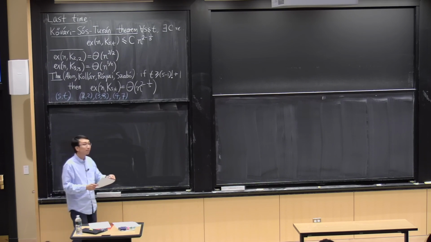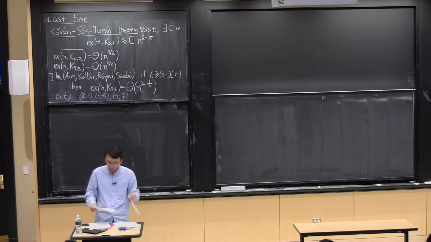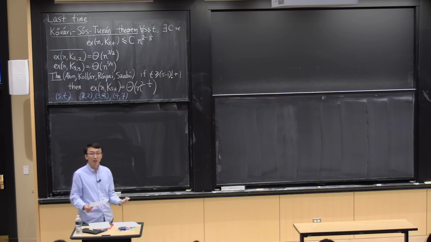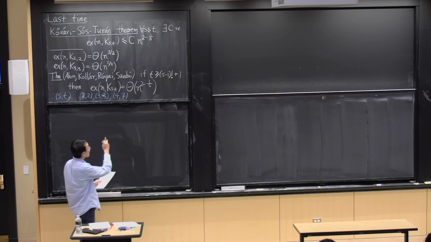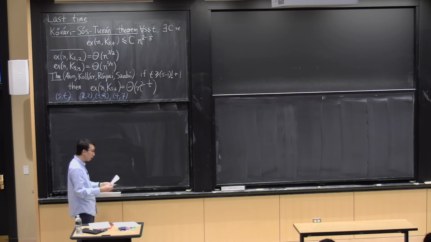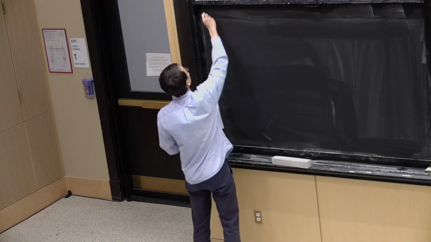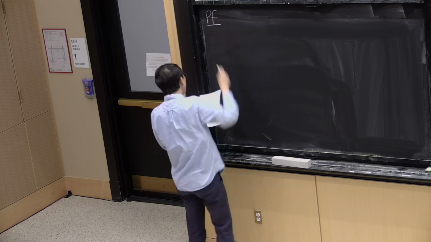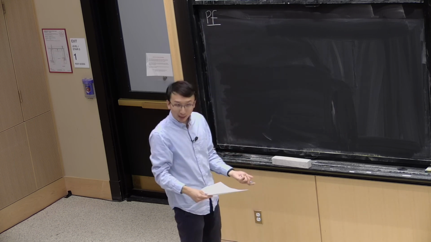Okay. So I want to show you this construction. And I'll tell you exactly what the graph is. I'll give you an explicit description of this graph, which is K_{s,t}-free and has lots of edges. And as I mentioned earlier, it's an algebraic construction.